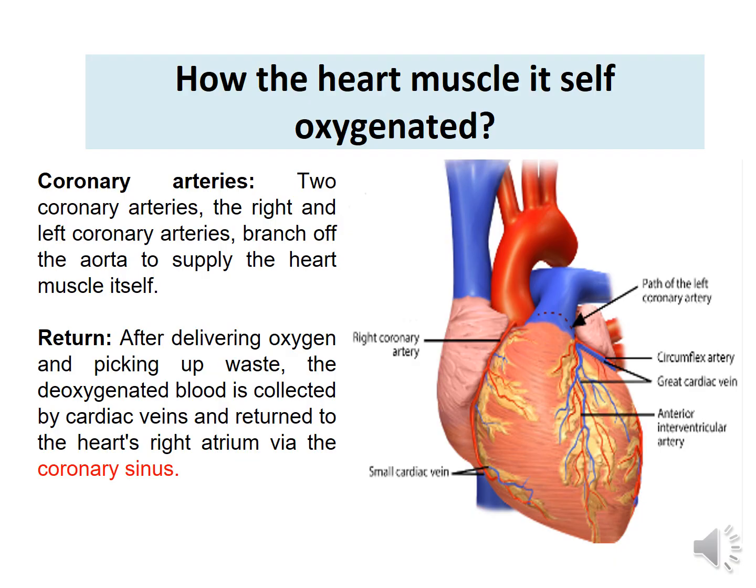After delivering oxygen and picking up waste, the deoxygenated blood is collected by cardiac veins and returned to the right atrium via what we call the coronary sinus. So we have two parts: coronary arteries, which branch from the aorta, and the coronary sinus, which is responsible for delivering deoxygenated blood from the cardiac tissues.